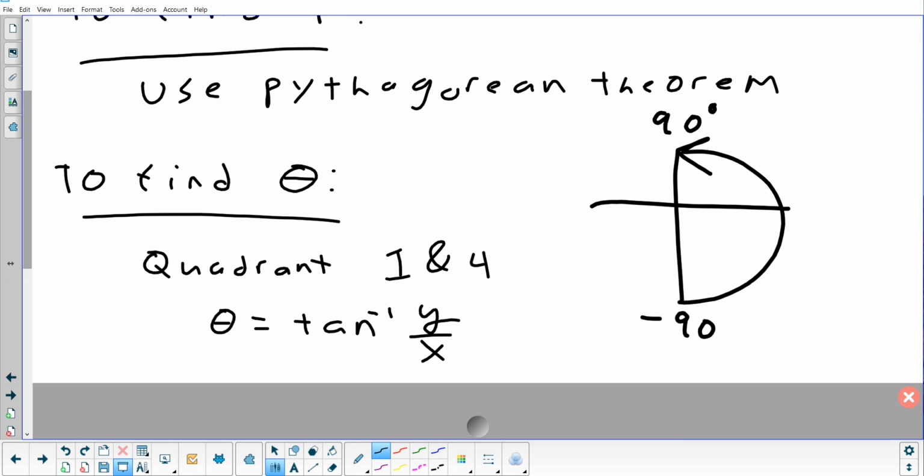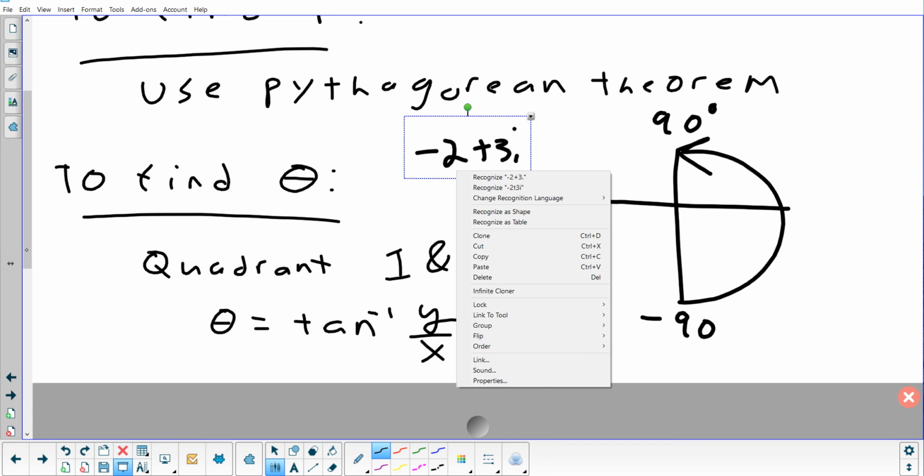Well, that's not good. Because if I gave you the point -2 plus 3i and you graph it, that's not going to be in quadrants 1 or 4. Meaning inverse tangent by itself can't give you the angle for that point.